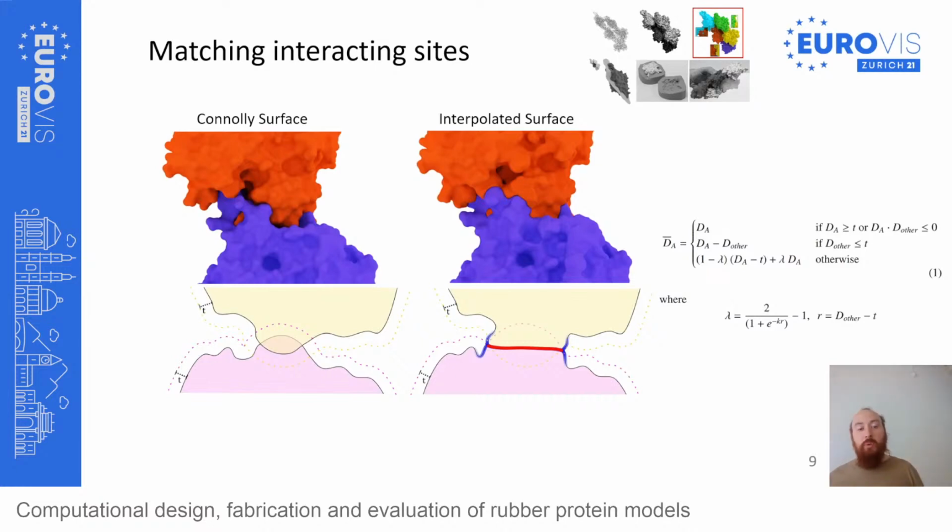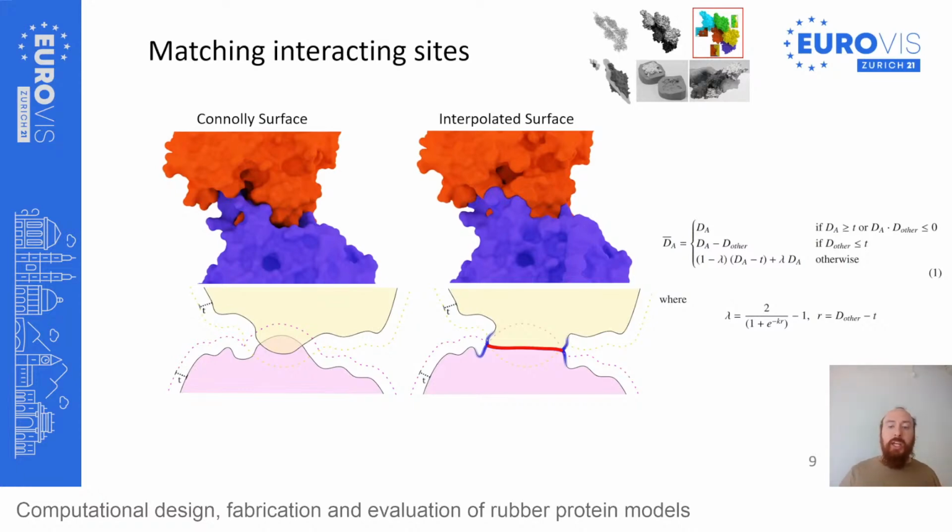In our paper, we set this T to 1.4 angstroms, that is the radius of a water probe. And then this zero isosurface should rapidly converge to the original surface everywhere else.